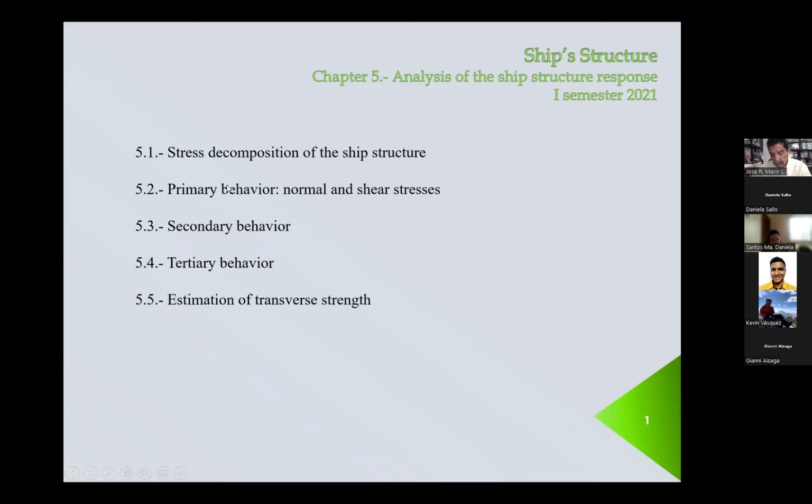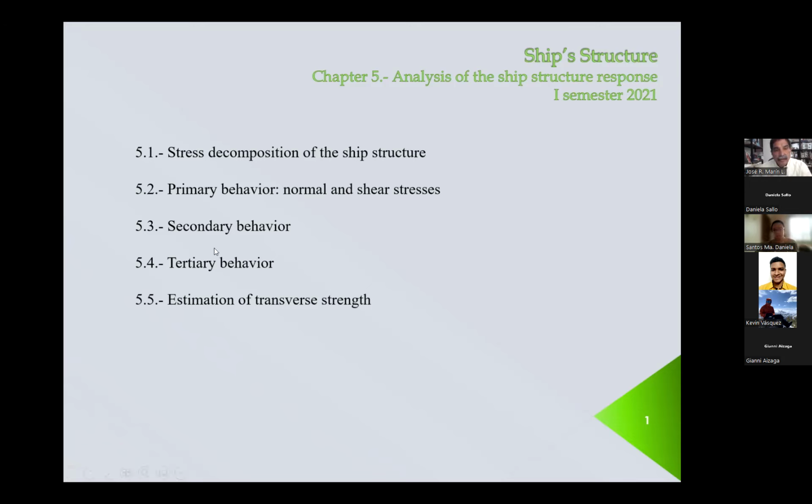And some of that we'd like you to see at the lab. Secondary behavior, that's where we see a reinforced panel. So that means plating with reinforcements welded to the plate. And finally, the tertiary behavior is considering just a panel of plate, right? And that's basically chapter 4.